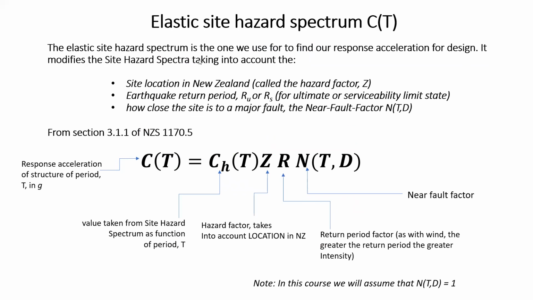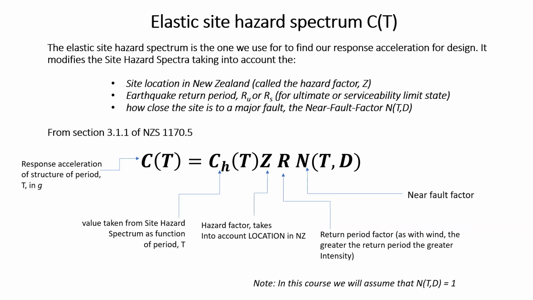The elastic site hazard spectrum is the one we use to find our response acceleration for structural design. It modifies the site hazard spectra, and it takes into account the following: the site location in New Zealand. That makes sense, right? We're going to modify these values based on the location, because Wellington or even Napier will be much more seismic than, say, Auckland or Northland.